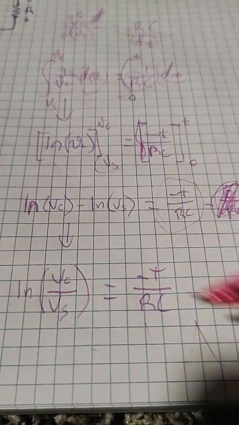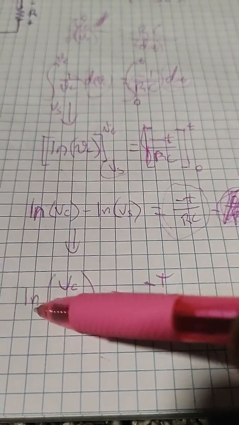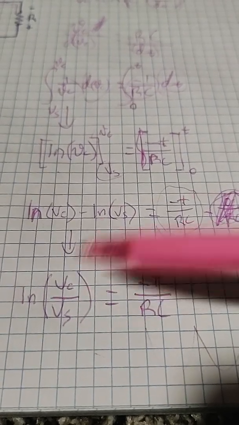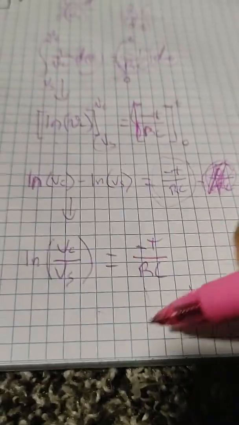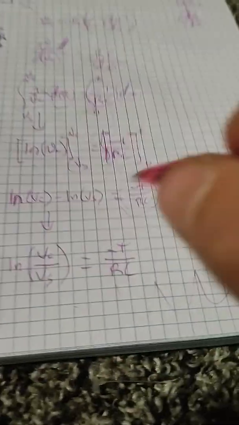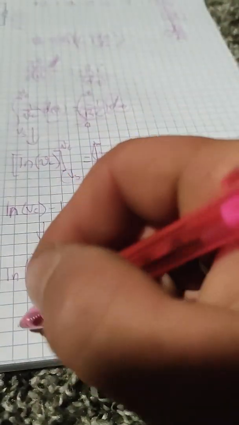Okay? So, how do you get rid of a natural log? We have to solve for VC. That's the equation that we're trying to create. So you can get rid of the natural log with the exponential function.